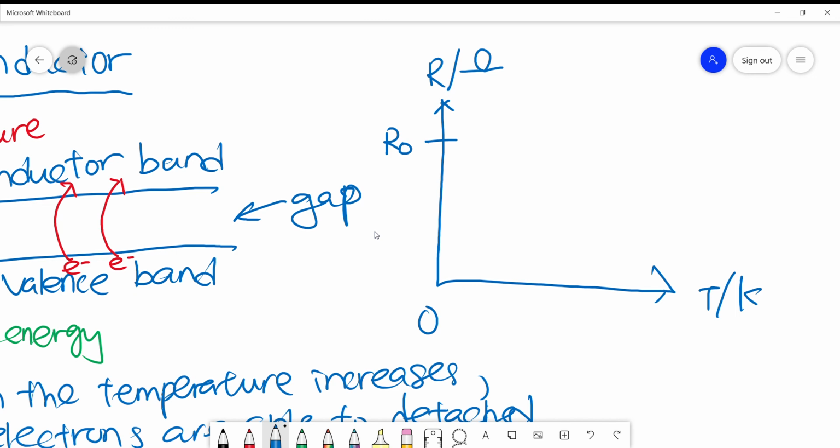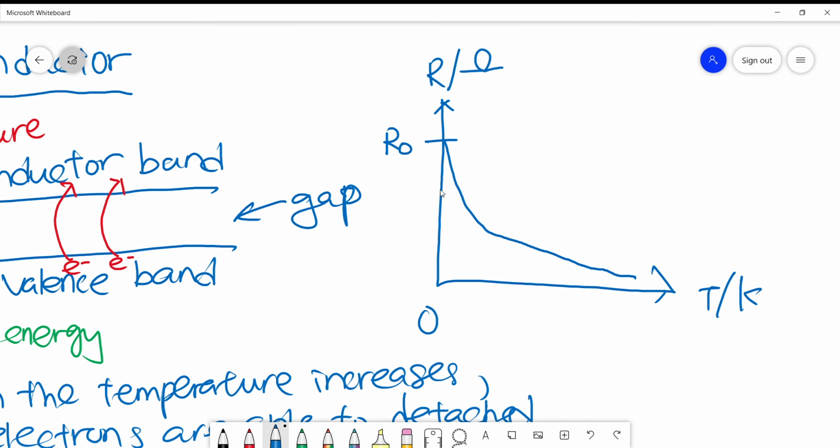Initially we have the high resistance of R0, and when the temperature is supplied, the resistance will eventually decrease. So when the temperature is increasing, the resistance of the semiconductor will eventually decrease.